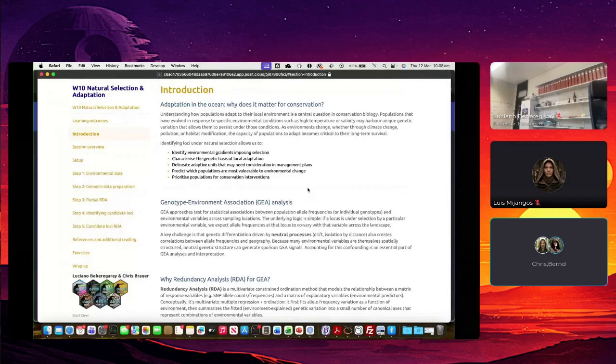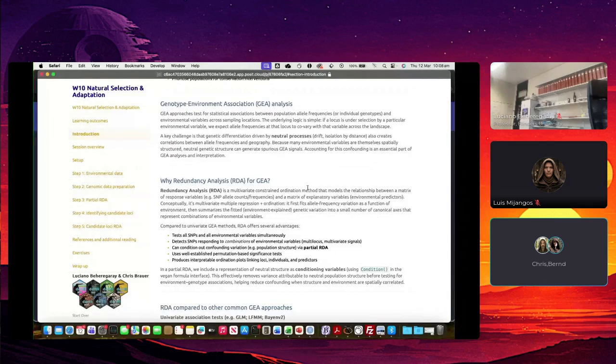You might be working on a project that's providing information to a natural resource management agency, a fisheries agency, or other conservation agencies, and the information that they need might dictate the way that you go about running the analysis. So that's the key point here: understand what it is you want to do before you start coding, running analysis and trying to interpret it.